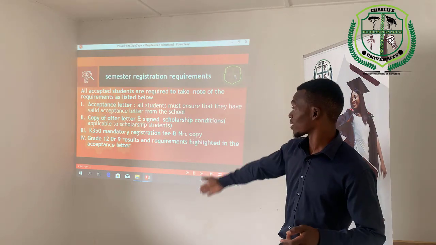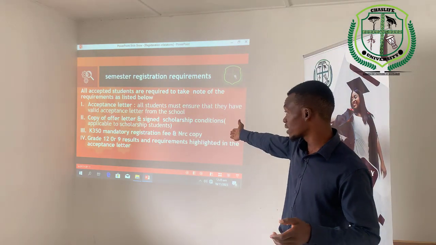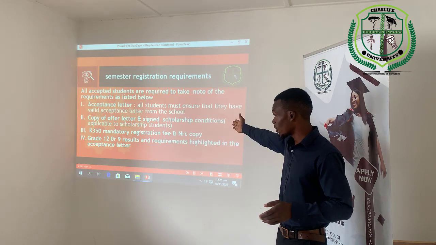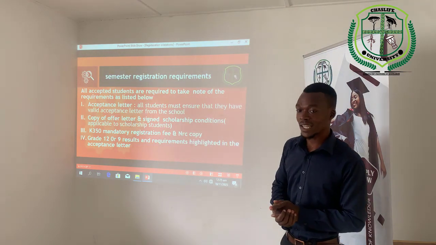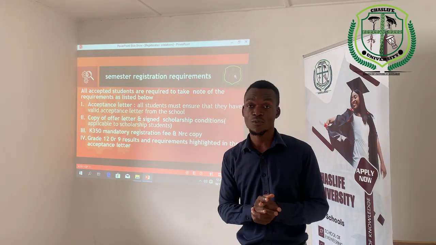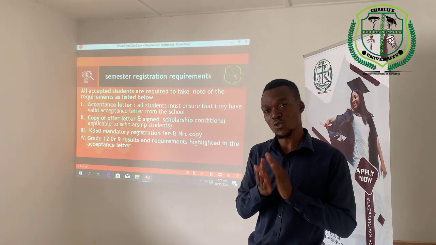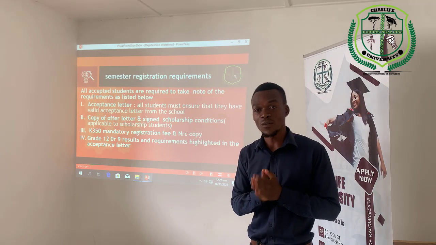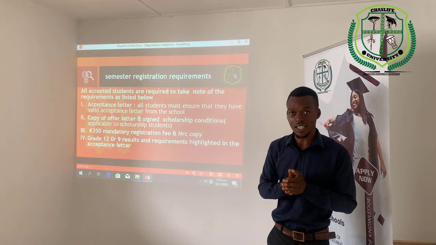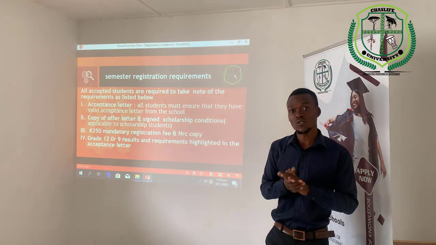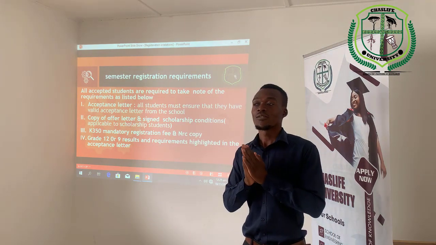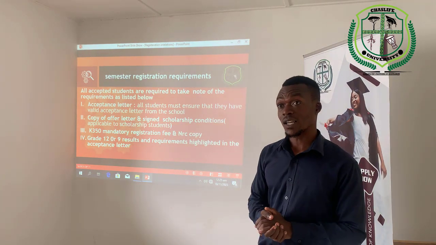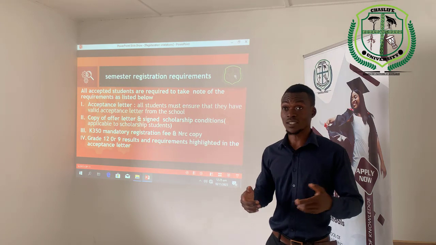As I earlier stated, you need to prepare these documents and requirements as highlighted. Ensure that you prepare all the relevant documents, because failure to prepare them will prevent you from getting registered. So you need to adhere to the procedure that demands you to get registered physically.